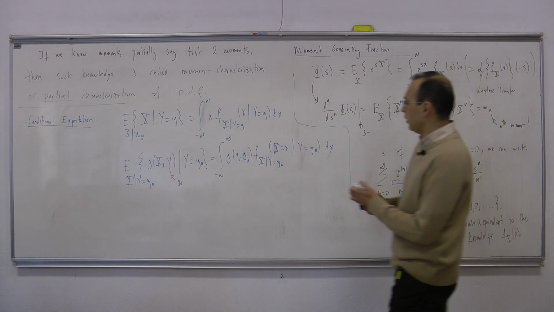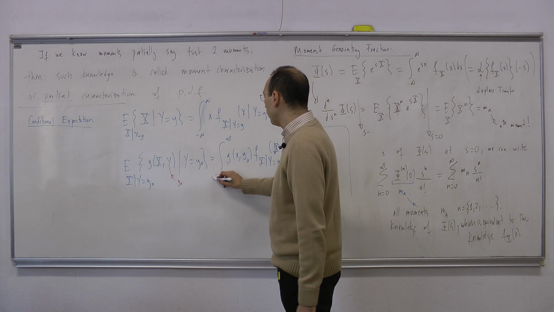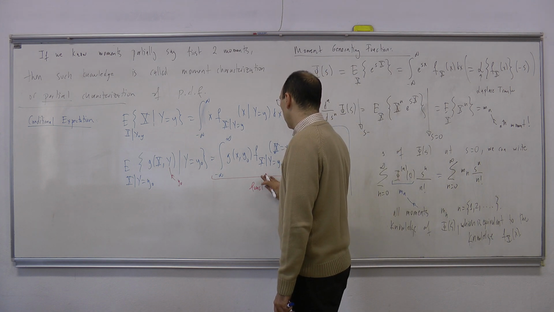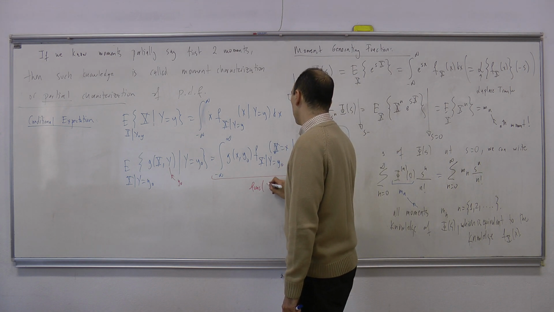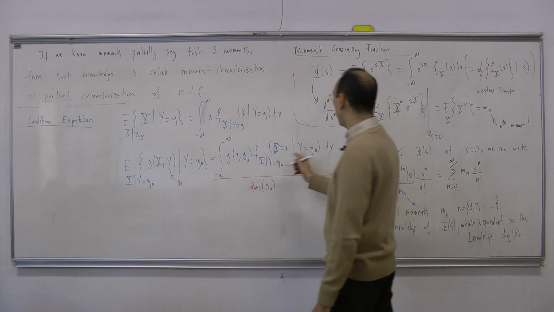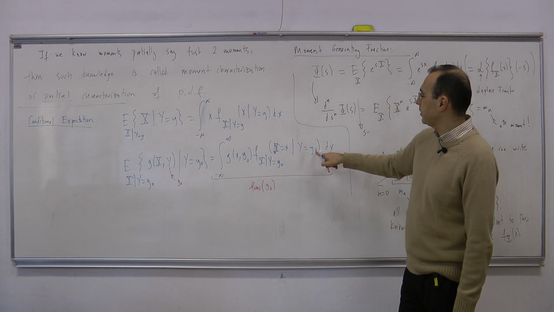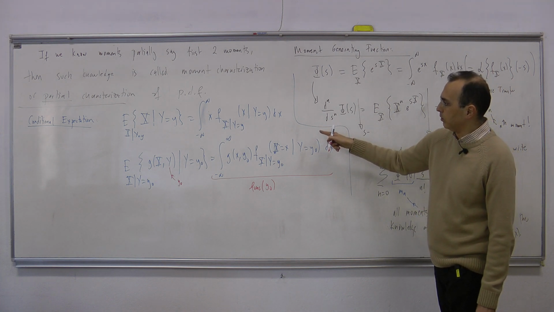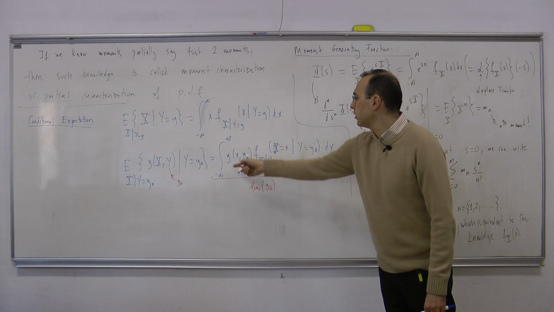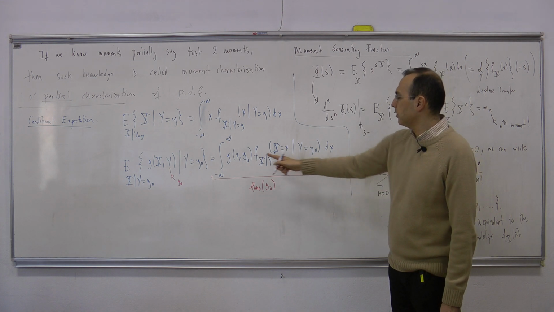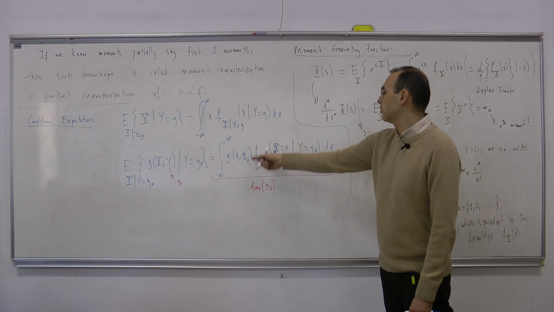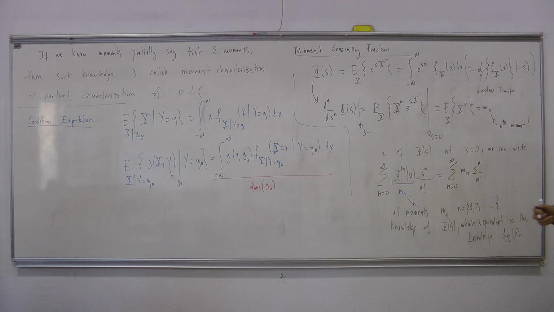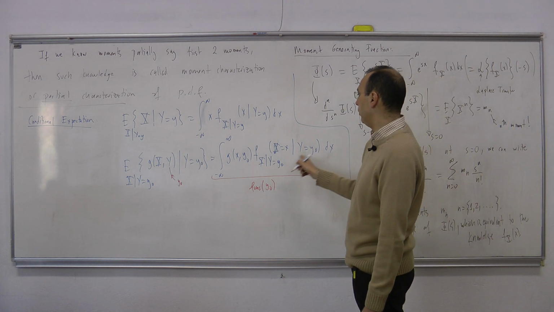Now this is a function of y naught, because if I change this conditioning value from 1 to 2, then of course this integral changes. The reason is this value changes and this conditional PDF changes. So it depends on y naught, obviously.